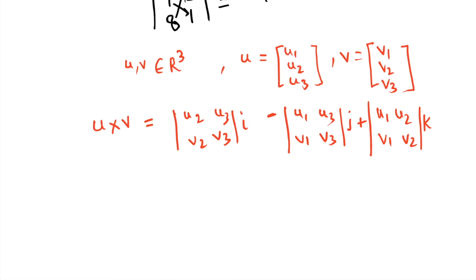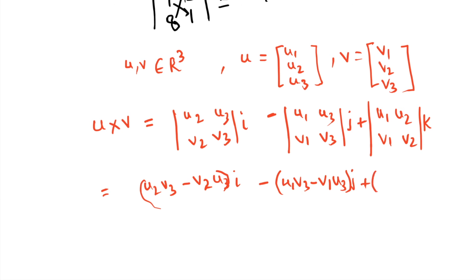So now we can expand these determinants, and u cross v will become u2, v3 minus v2, u3 times i, minus u1, v3 minus v1, u3 times j, plus u1, v2 minus v1, u2 times k.